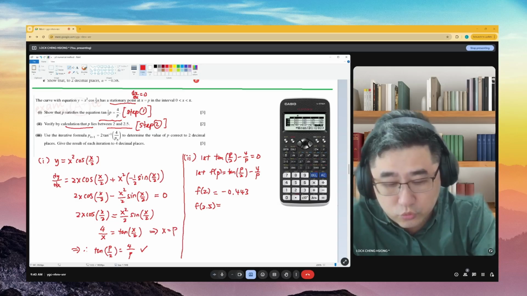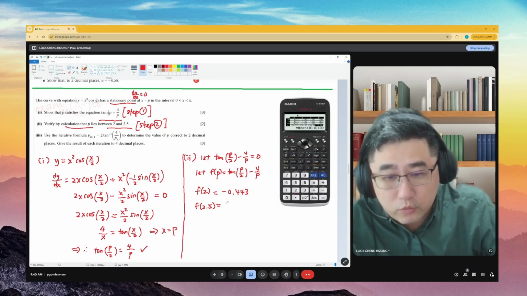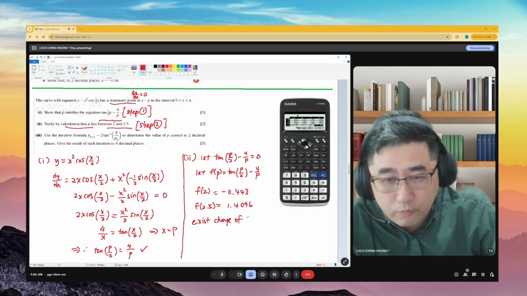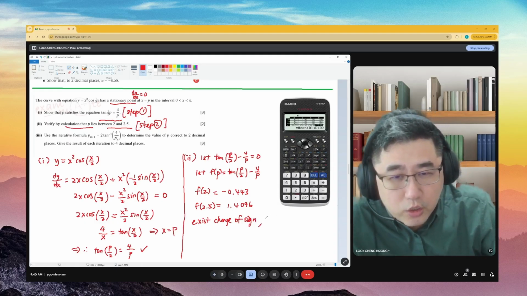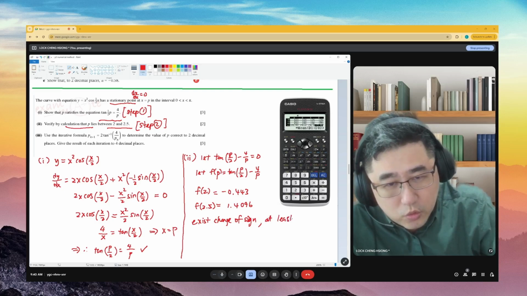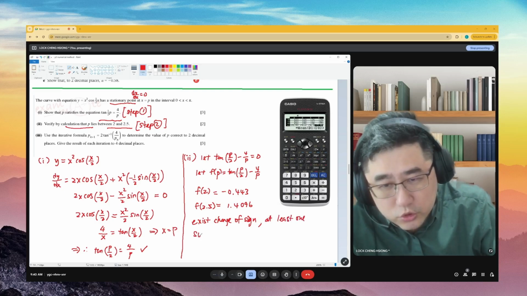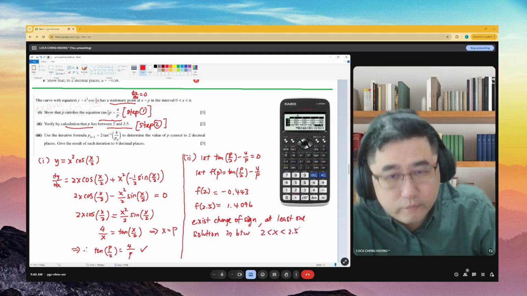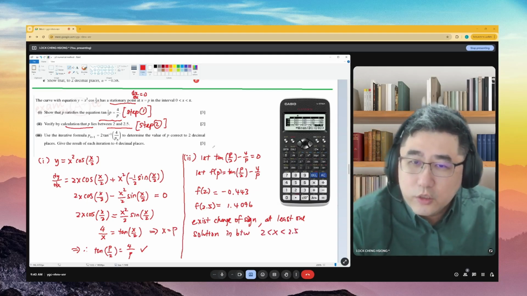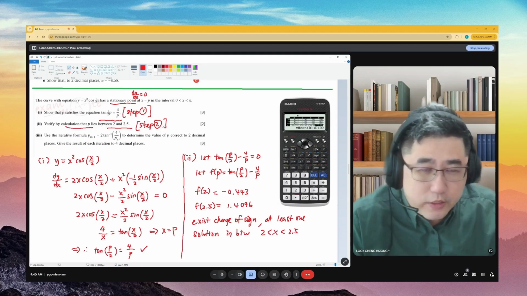Calculating 2.5, I have 1.4096. So you will see that there is a change of sign, so there is at least one solution between 2 and 2.5. As you can see, this part is asking about step 2.